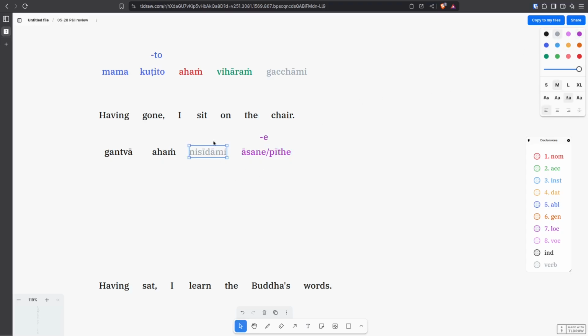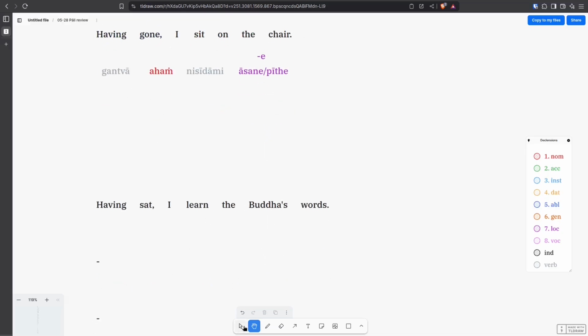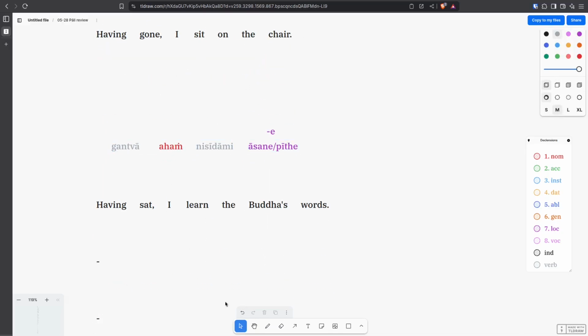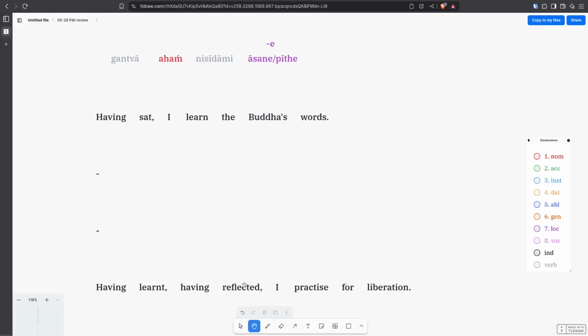So I sit. Right, gantava. Good. Okay, let's keep going. Of course, with the gantva, you cannot have the sentence start like that normally in Pali. You would have to say probably aham gantva asane nisidami.